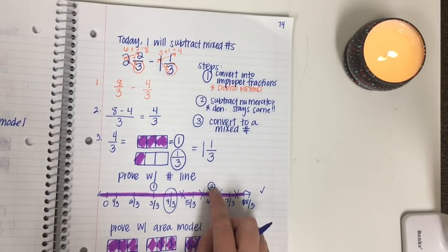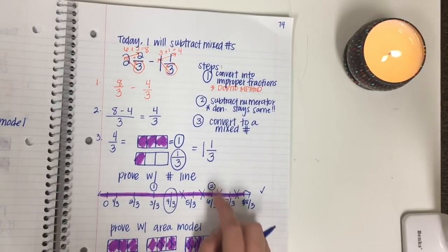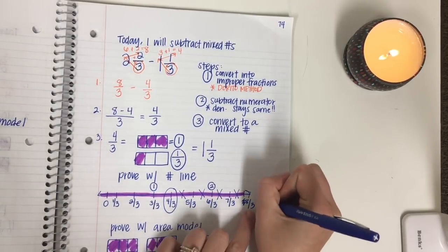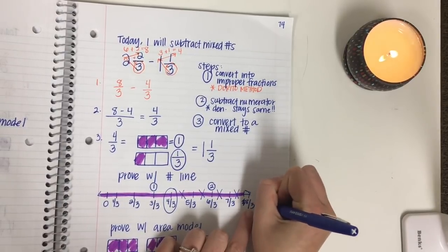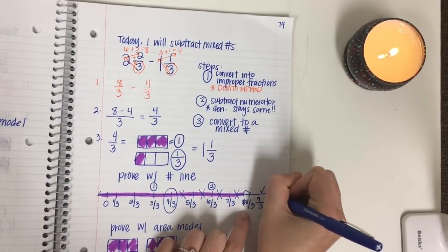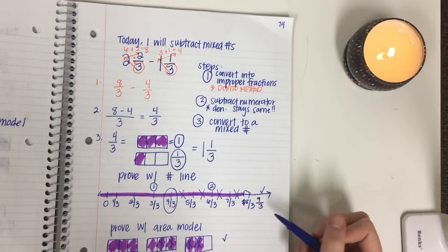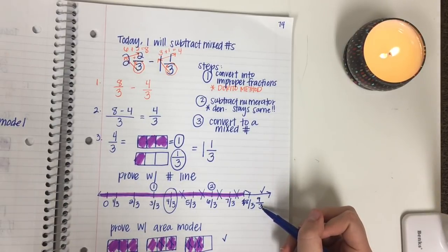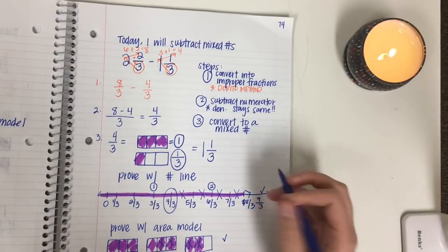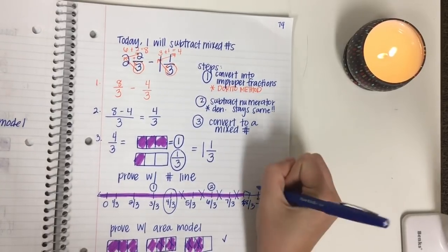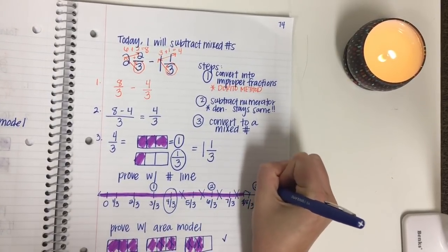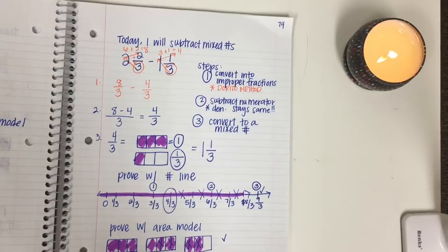So that's how we knew to put the 2 there, because 6 divided by 3 is 2. So if we kept going and we did 9/3, let's say we extended our number line, what's 9 divided by 3? 3, right? So our whole number of 3 would be here. Does that make sense? Okay.